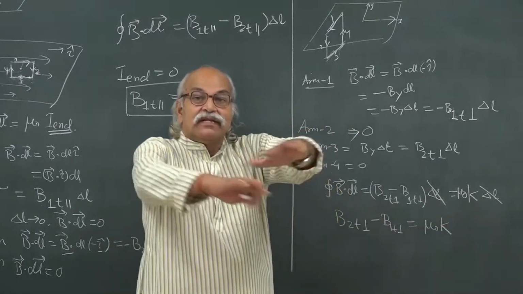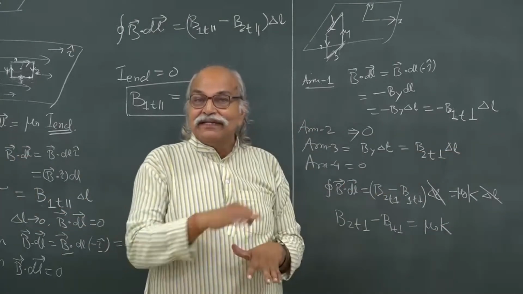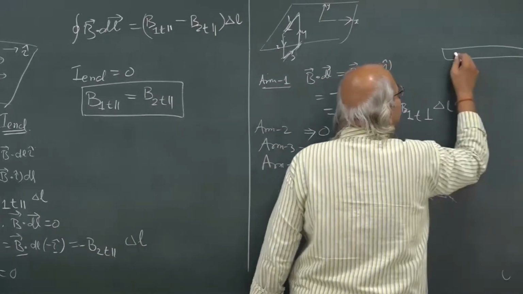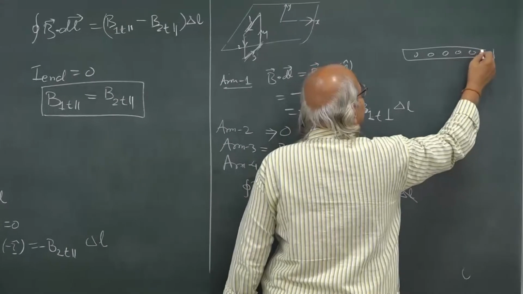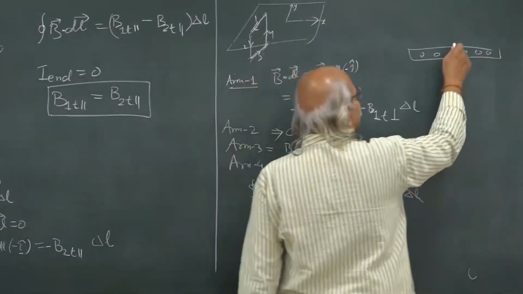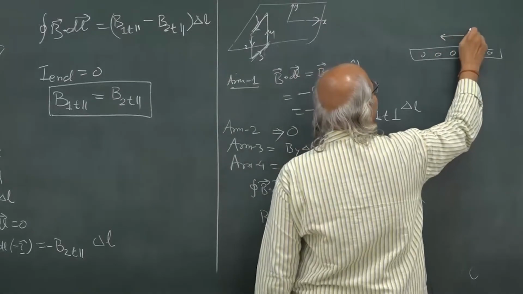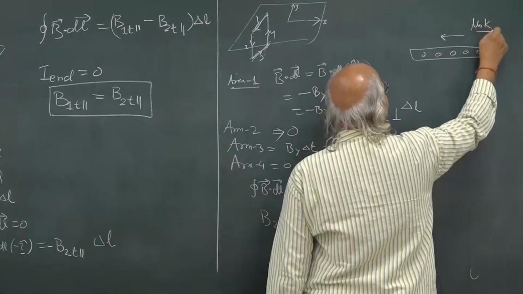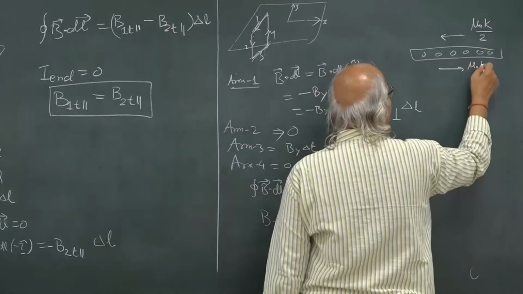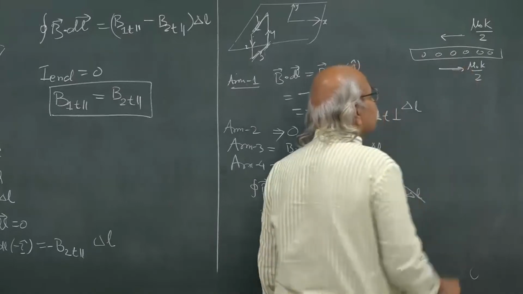Remember our large xy plane carrying current, and there we saw that if the current is represented by these dots, so that it is coming towards us, then here the magnetic field was mu naught K by 2 in this direction, and here it was mu naught K by 2 in this direction.